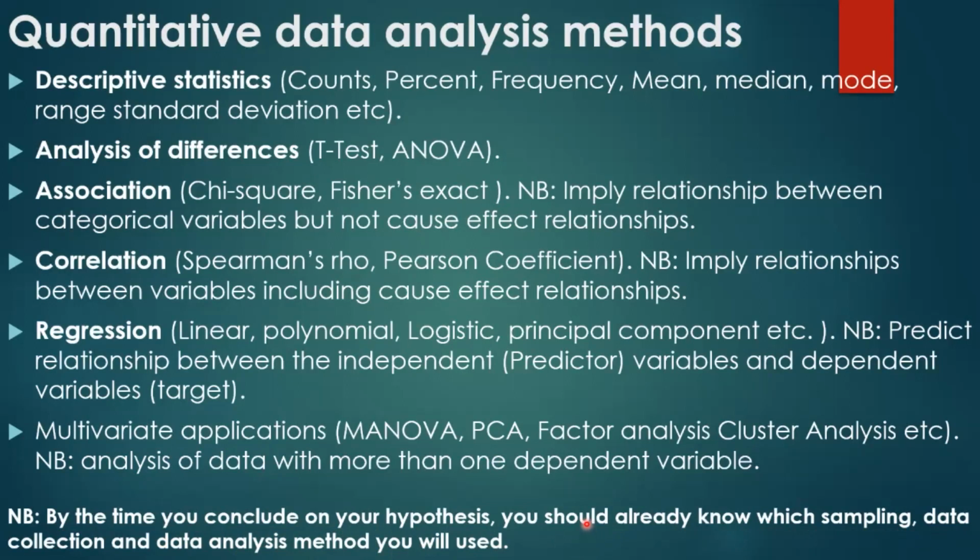If you've written your introduction, your problem statement, your research objectives, and your hypothesis, you can't really do a proper hypothesis without knowing the relationship that you want to analyze and the type of data that you will use. You can just know the category of analysis without going into the details, because sometimes the data set will dictate which particular analysis you will use. So you might not know that beforehand.